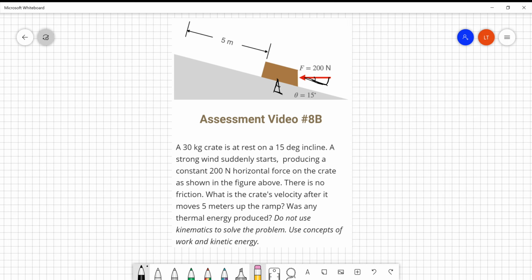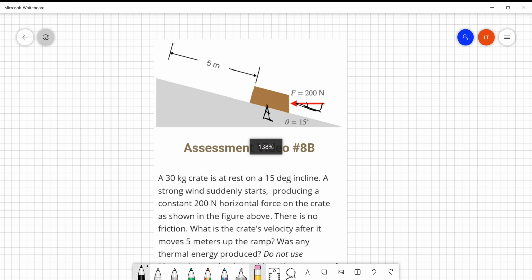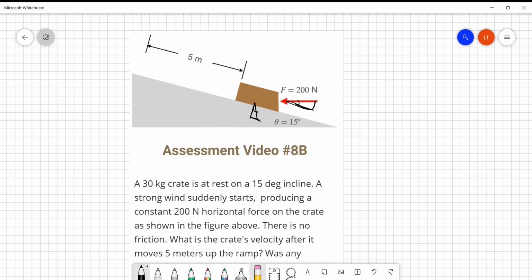So first of all, we're going to want to find the component of the force that is pushing the crate along the incline of the ramp. So we can draw a right triangle here with respect to the crate coordinate system, and we can see that the vectors point downward into the ramp and upwards along the ramp, and this angle right here is 15 degrees.